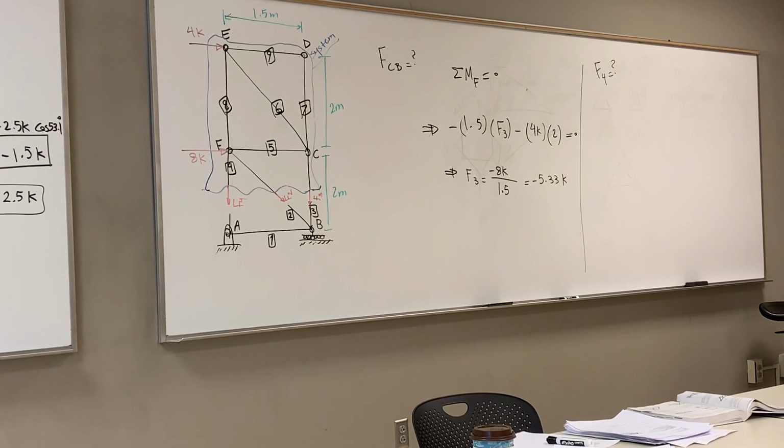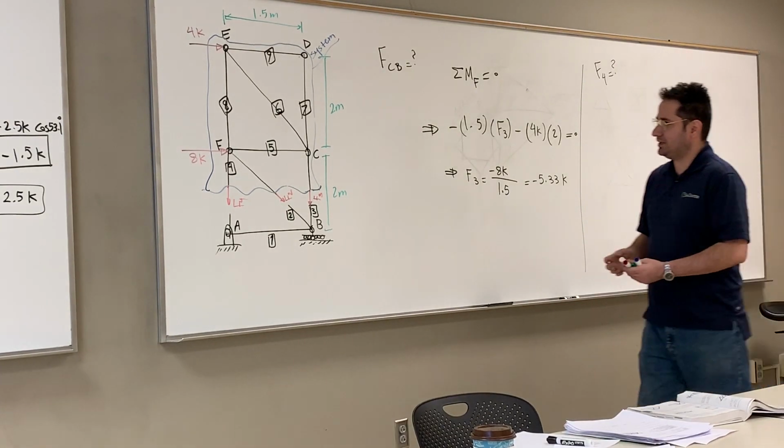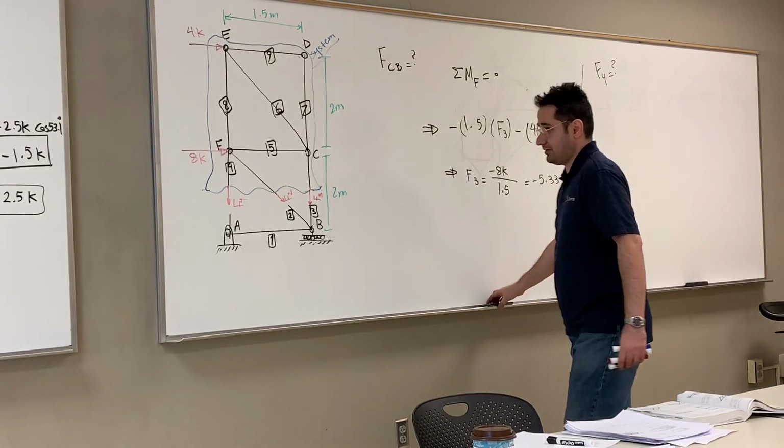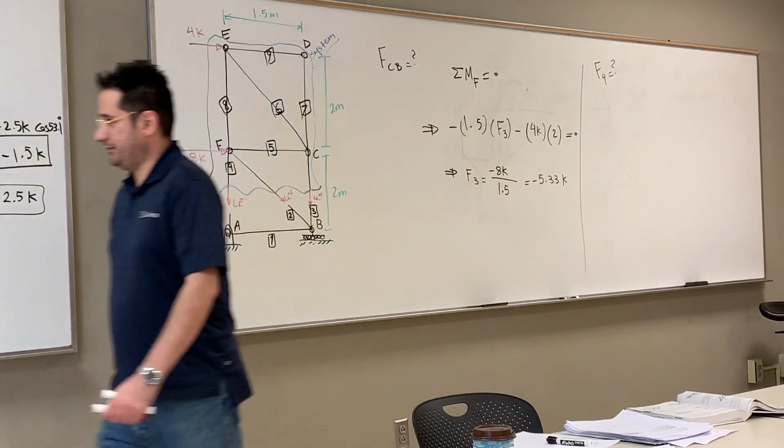What do you think? You can section the same way, except take the moment around B. Yeah. See? That's exactly it. In fact, the interesting part about that is I want to draw this video right here.